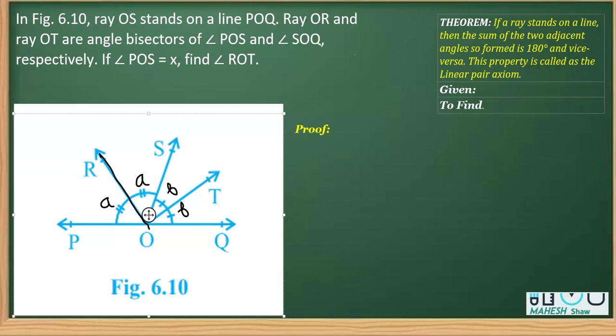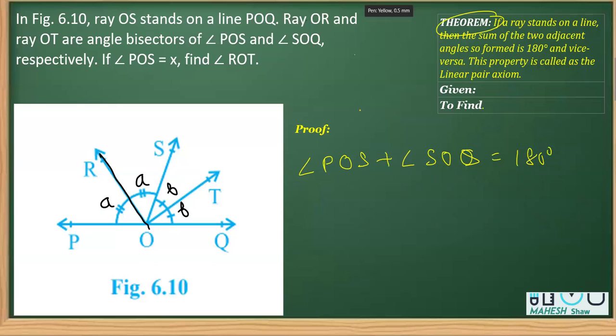For that, first we'll write angle POS plus angle SOQ is equal to 180 degrees. You may write this as the property. The sum of these two angles will be 180 degrees.